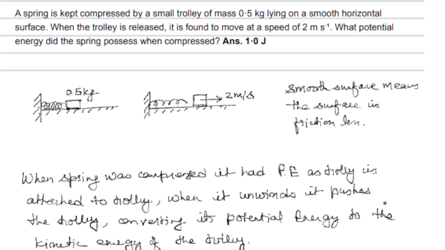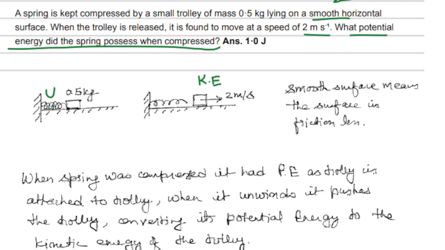Let's do this question now. A spring is kept compressed by a small trolley of mass half kg lying on a smooth horizontal surface. Smooth means here that there is no friction. When the trolley is released, it is found to move at the speed of 2 meter per second. What potential energy did the spring possess when compressed? When it got released, it got some kinetic energy. The question is where this kinetic energy is coming from. Of course, it is coming from the potential energy of the spring.